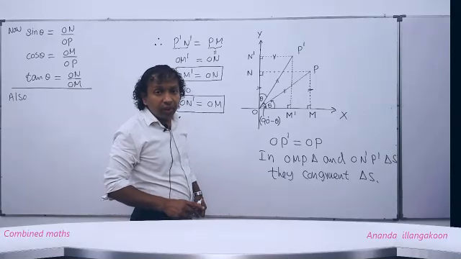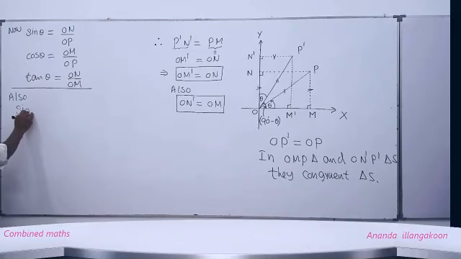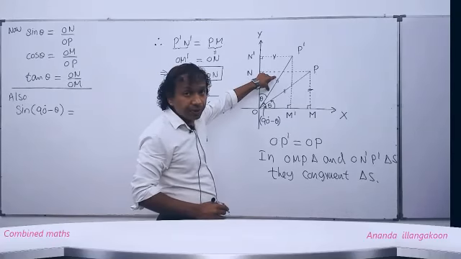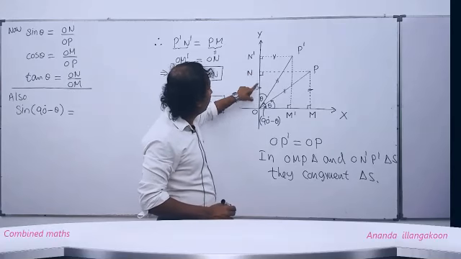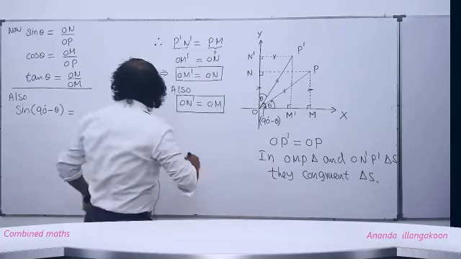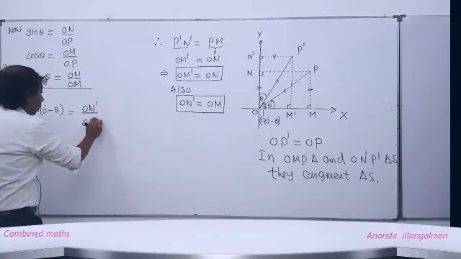Then sin 90 minus theta is the perpendicular projection of OP dash on the y-axis, which is ON dash divided by OP dash.